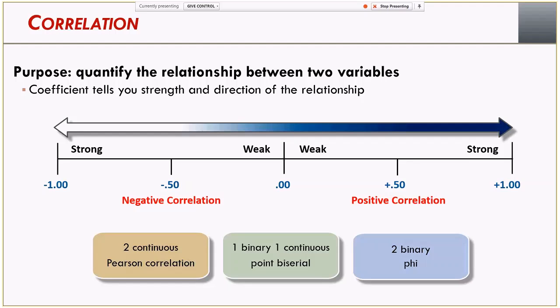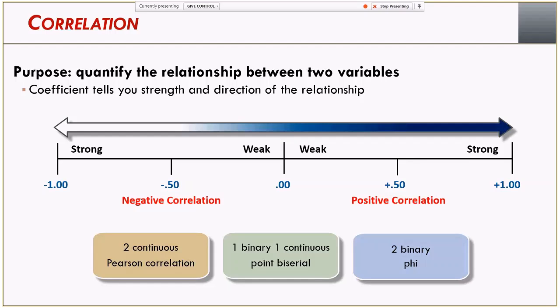You know that because it's positive, and .5 tells you the magnitude of that relationship, which would be quite strong. And a negative correlation would be a situation where as one variable increases in magnitude, the other variable systematically decreases in magnitude. That is the difference between positive and negative correlations.